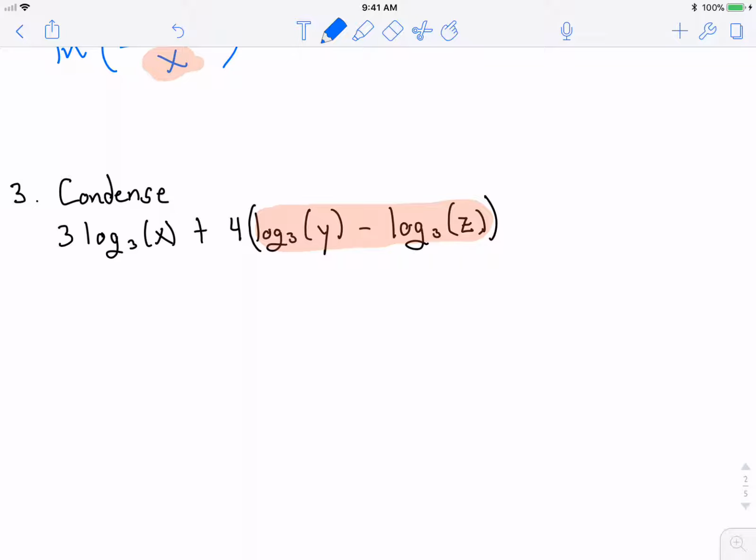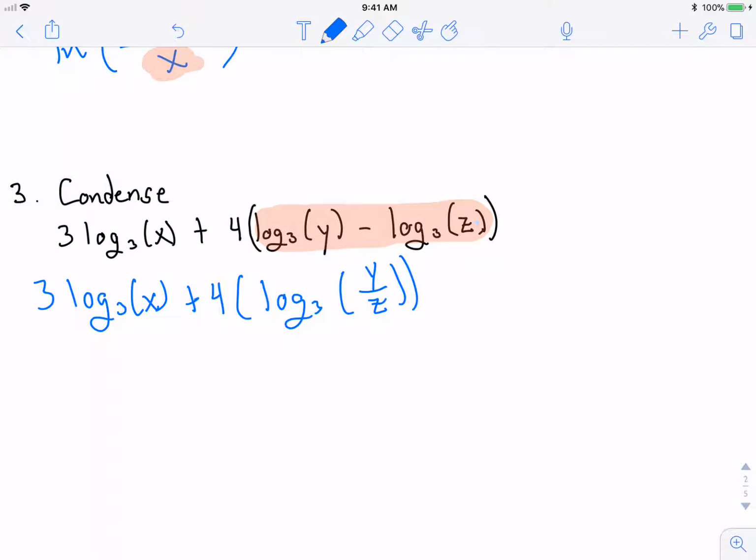So three log base 3 of x is outside the parentheses, so we'll leave it alone. Plus 4 times, now we have subtraction on the inside, so this becomes division, log base 3 of y divided by z, and we've condensed one log.